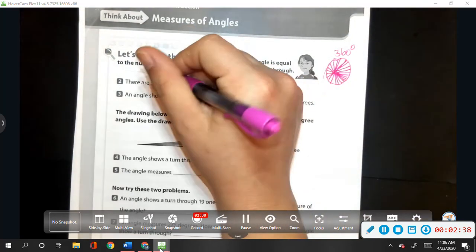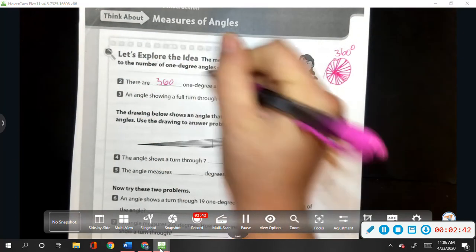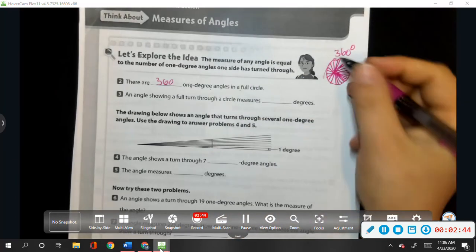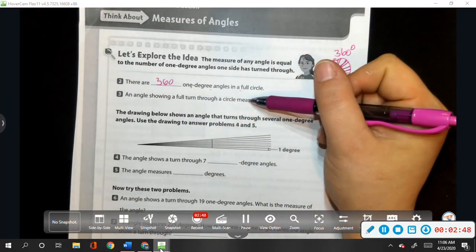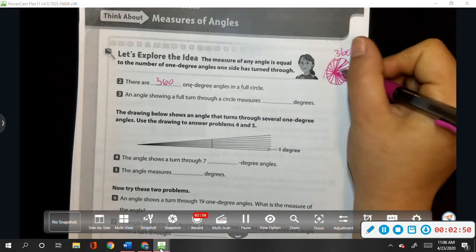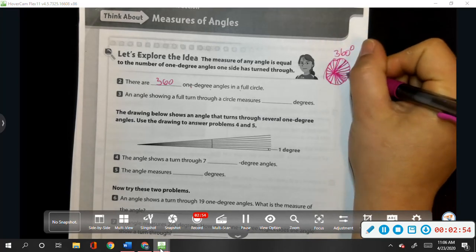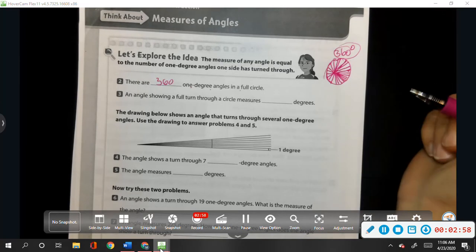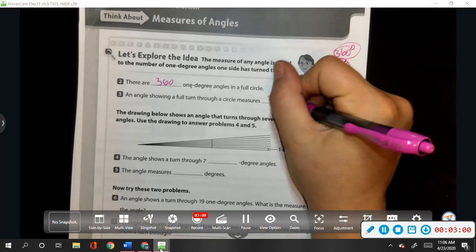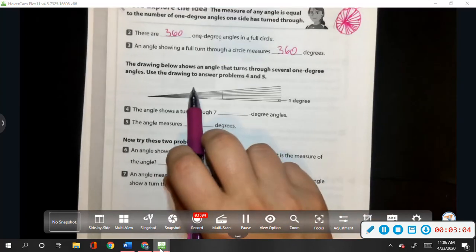So it turns at 360 1 degree angles in order to make a full circle. An angle showing a full turn through a circle measures, if I had an angle that started here and it turned all the way around and made it back to its origin, well, how many degrees is a full circle? 360.